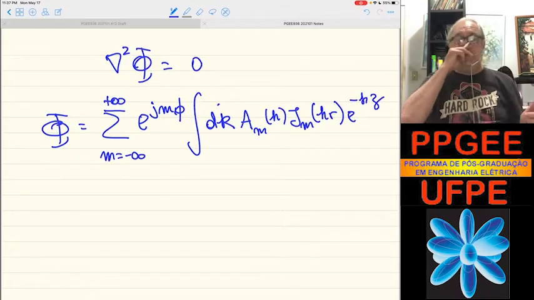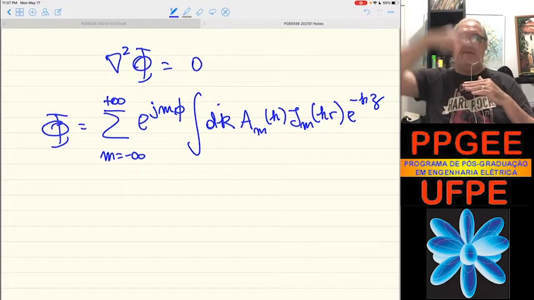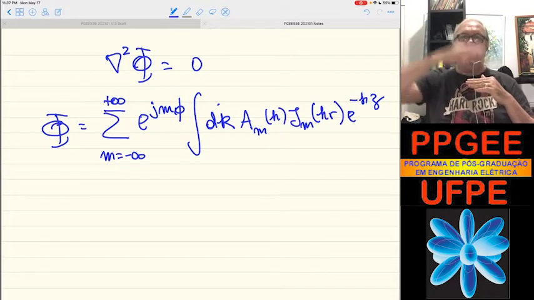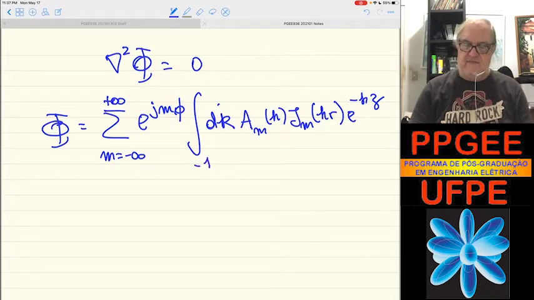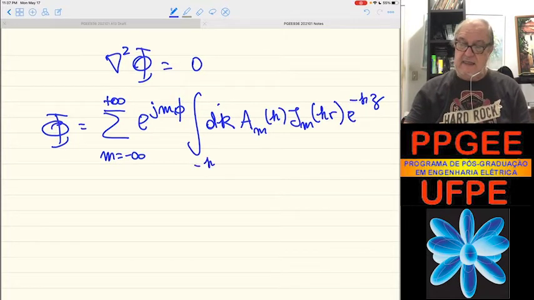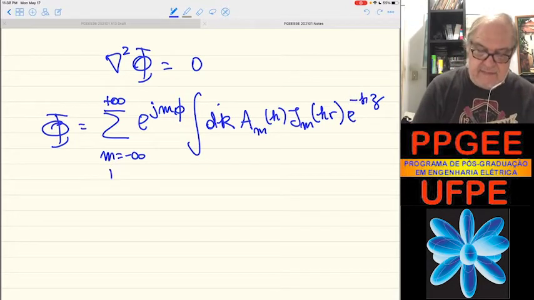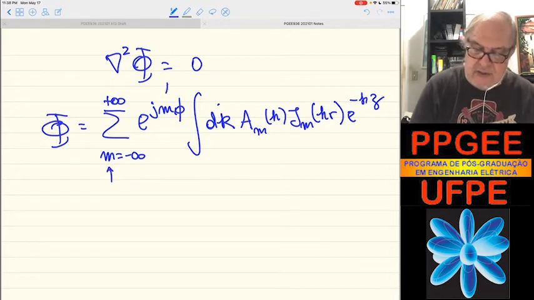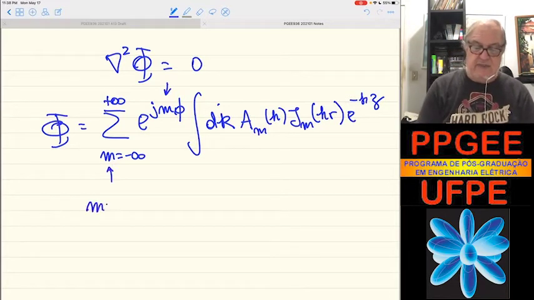If I have an unlimited domain on the upper hemisphere, then I have some sort of integral like this. I'm not going to put the integration limits. But you see that m equals 0 because there is no dependence on the azimuthal coordinate, so I have only one term, which is m equals 0.